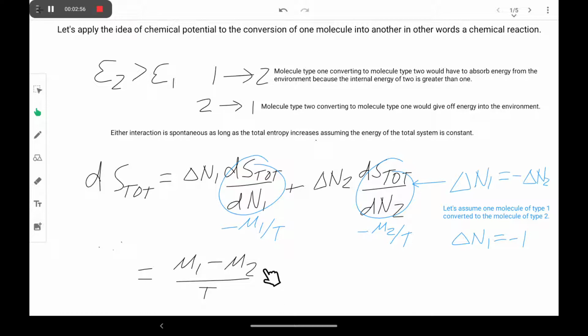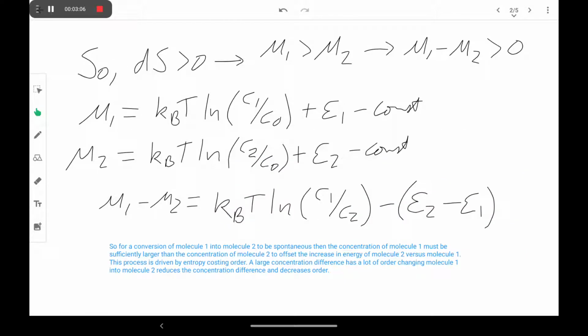Okay, so now we need to interpret what that means for the total entropy to increase in order to allow for a spontaneous conversion of type 1 to type 2. Okay, so an increase in entropy means mu1 must be bigger than mu2, or that difference we saw has to be greater than 0. So what is that difference? Well, here we use our definitions of the chemical potential we found earlier.